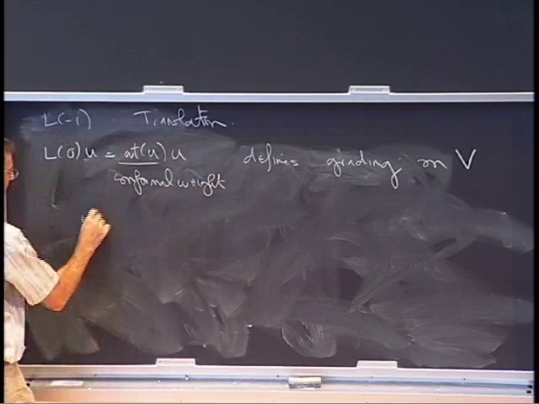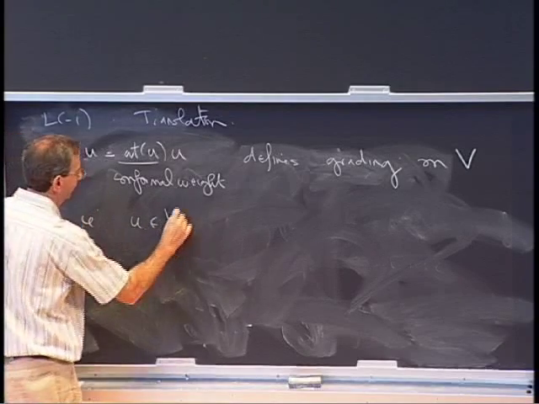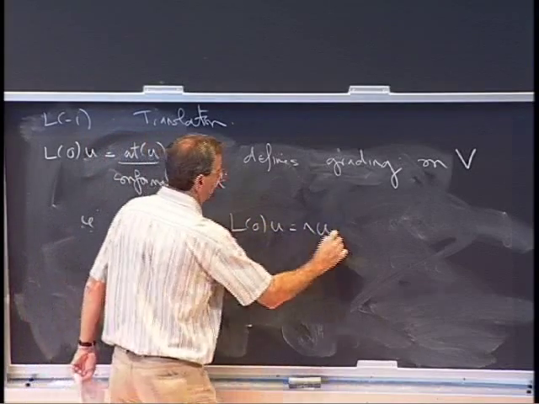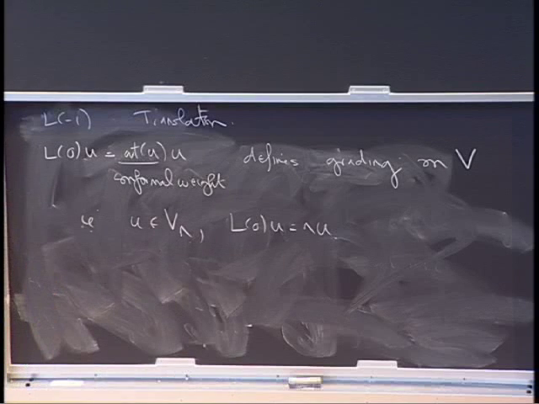So if u is contained in Vn, then L0 of u is equal to n u, in this grading I talked about.